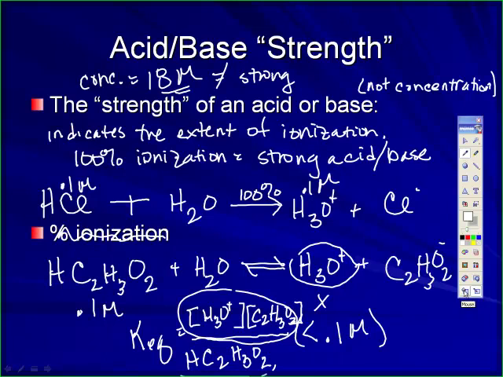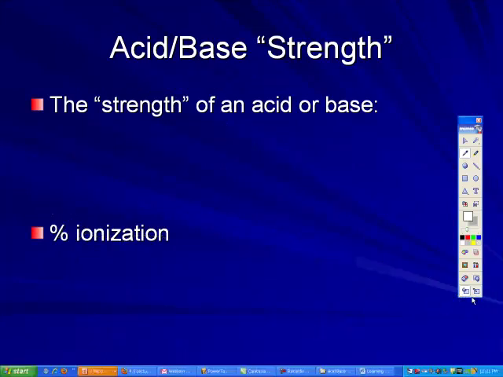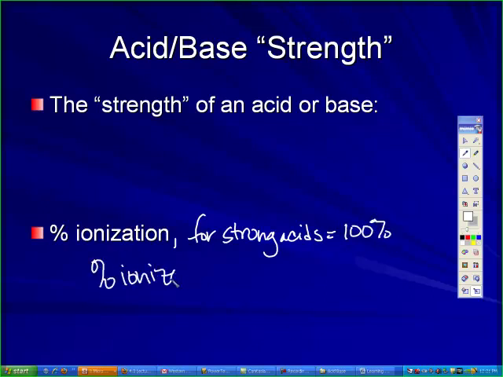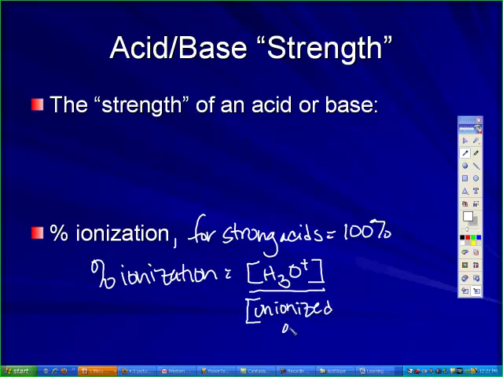Let's back up for a second to this percent ionization constant. So percent ionization for strong acids is 100%. This means percent ionization would be the concentration of your H3O+ divided by your concentration of your unionized acid, times 100.